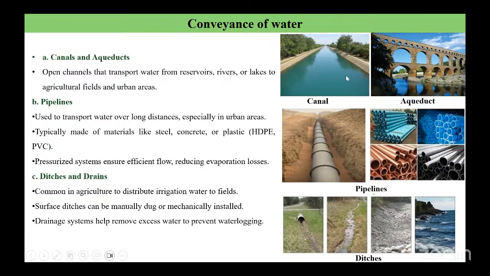Canals are also human engineered, where water is transported from one place to another in the form of a canal, which is also lined with concrete so that there is no absorption and it will be properly regulated. These aqueducts also allow the water to be regulated. They regulate the water to flow in one particular direction.